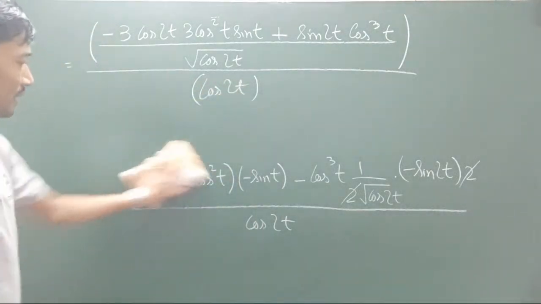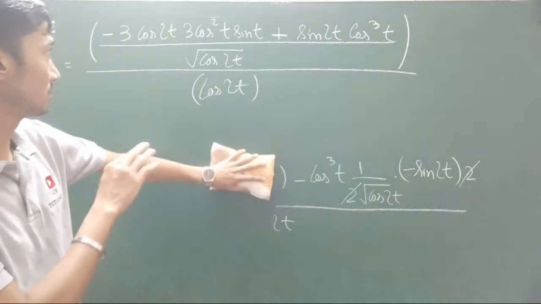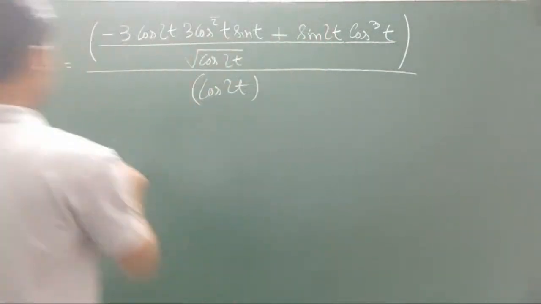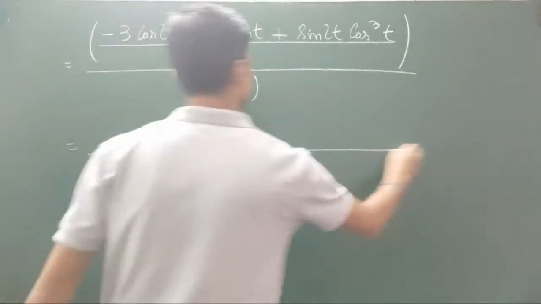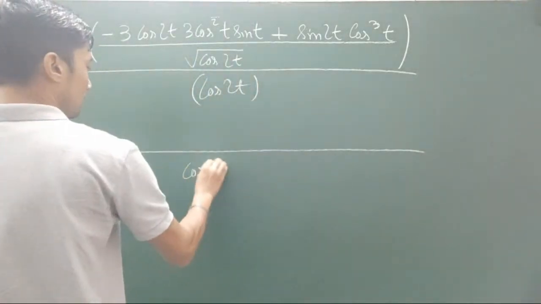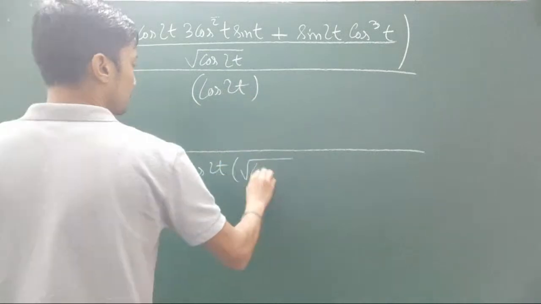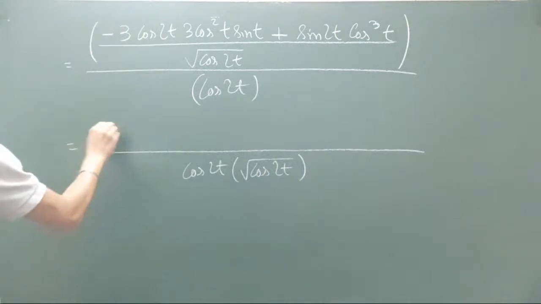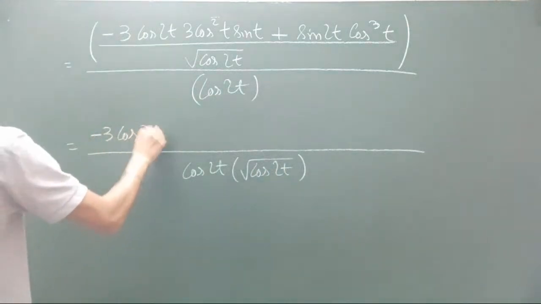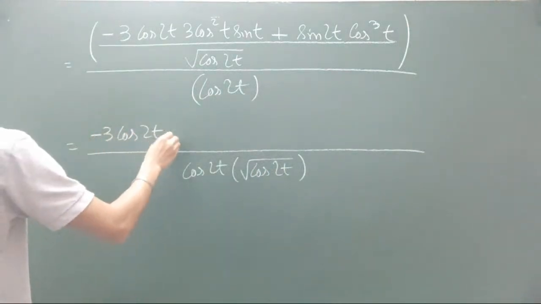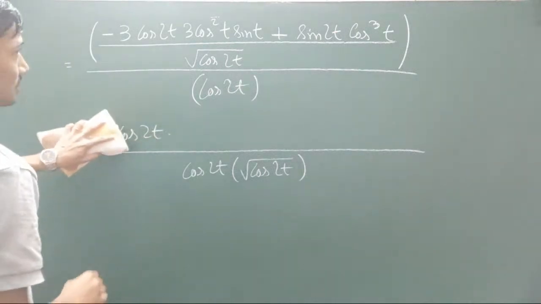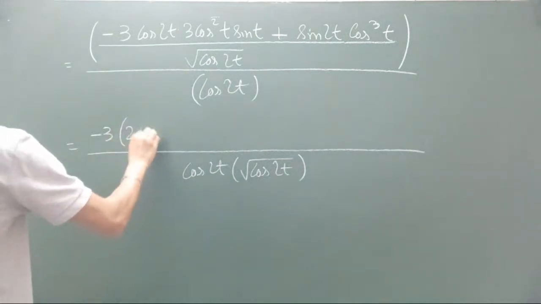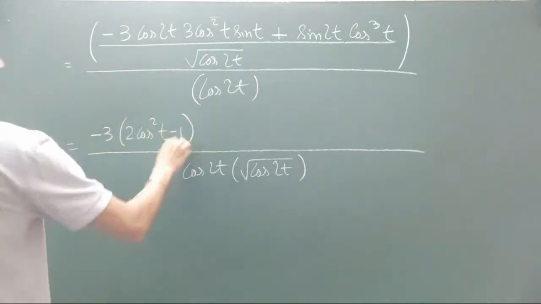So last time I converted the terms to sine. This time I'll try that to cos. So cos 2t root over of cos 2t, so we'll have 3 cos 2t. This one also we can write as 2 cos square t minus 1.